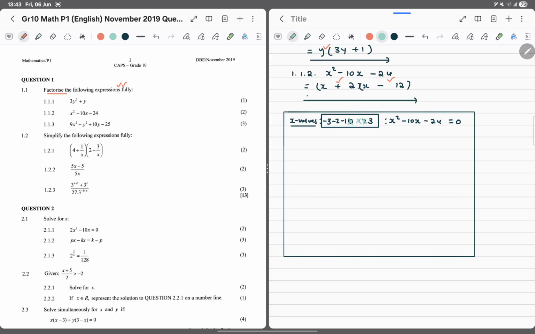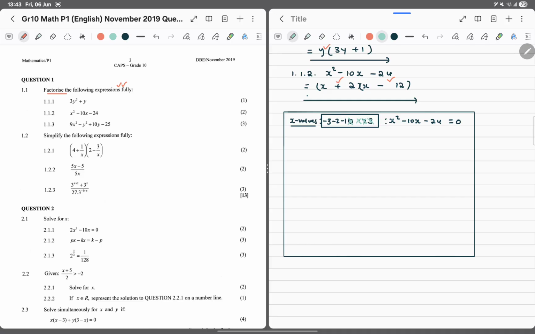This is 9. Minus 90, that's minus 81. Minus 81 minus 24, that's going to be minus 105. So that doesn't work. So we leave that part.